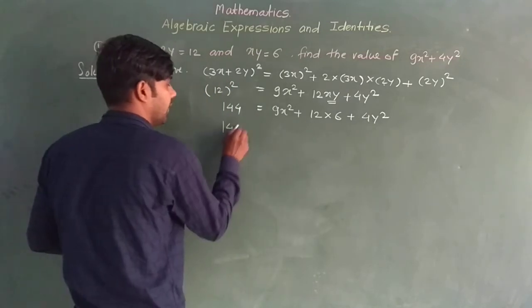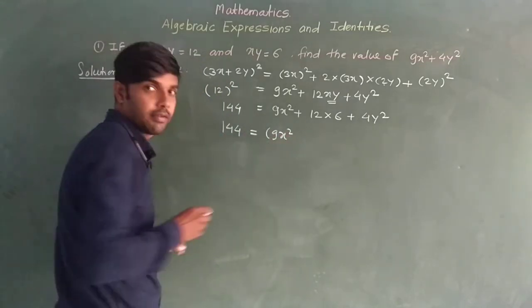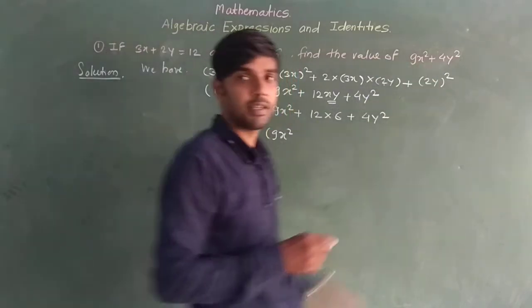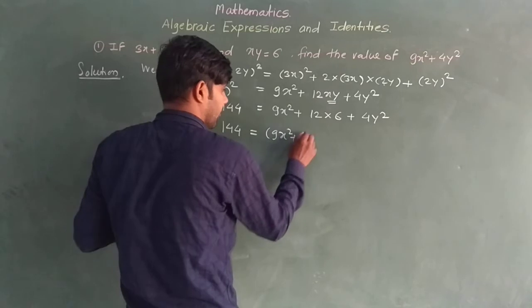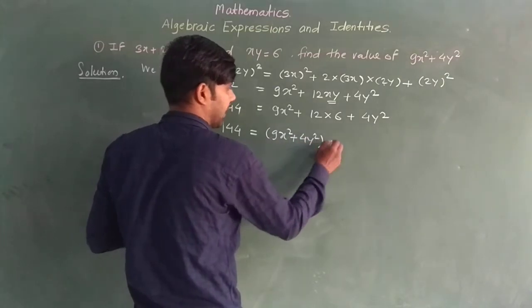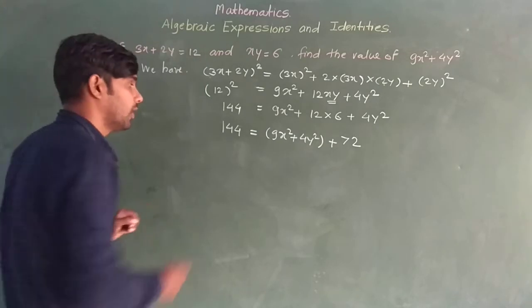So 144 is equal to the required expression, 9x square plus 4y square, which we write together in a bracket, plus 12 into 6, that is 72.